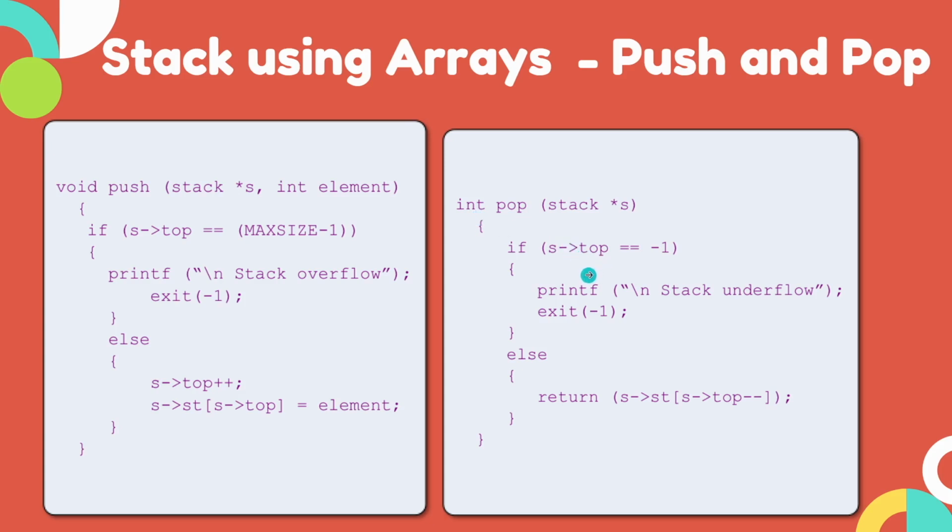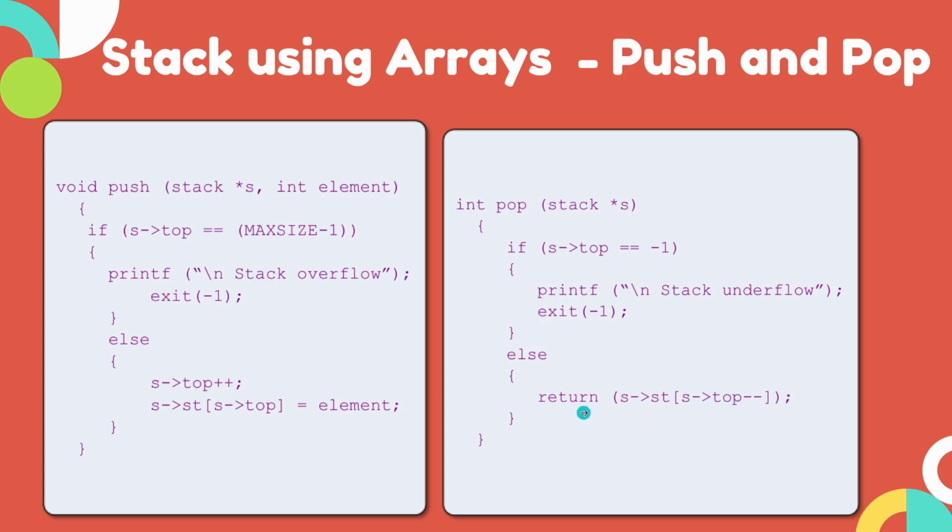First, we check whether the stack contains some element or not. That is what we check with this condition, S top equal to -1. If this condition is true, then the stack is empty and there is no purpose of doing a pop operation. Otherwise, we fetch the element at the top of the stack.